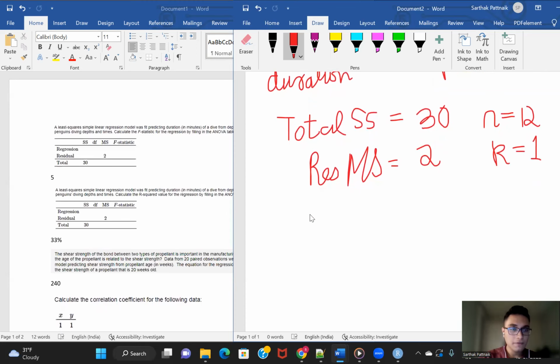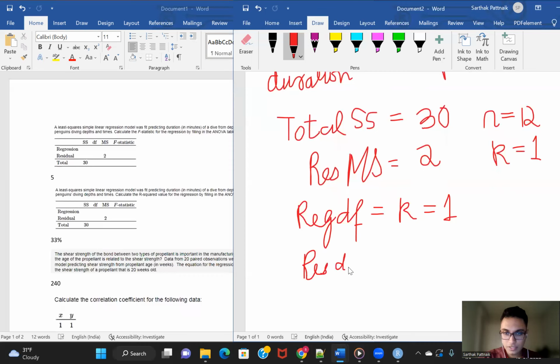From this, you can calculate regression degree of freedom, nothing but equal to k, which is equal to 1, and residual degree of freedom, nothing but equal to n minus k minus 1, 12 minus 2, 10.